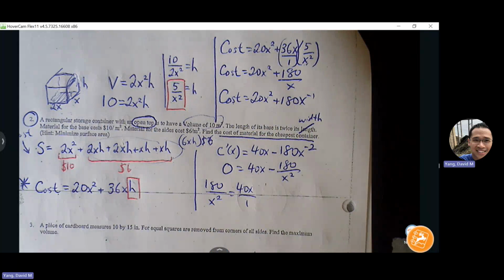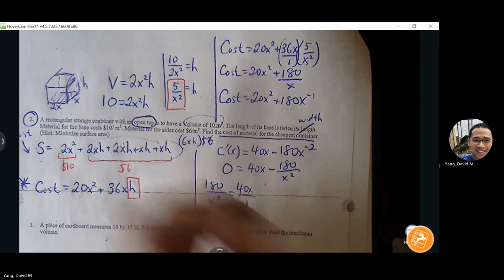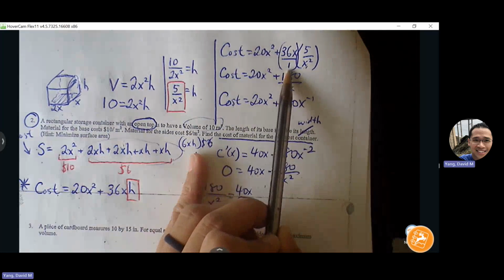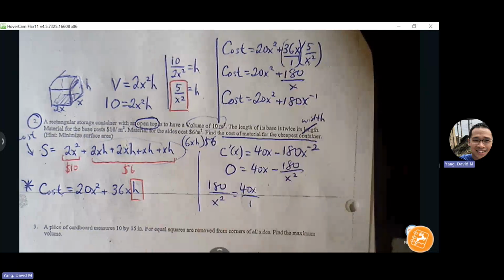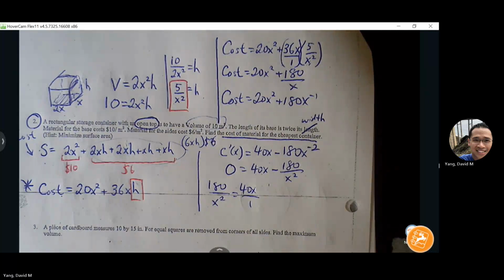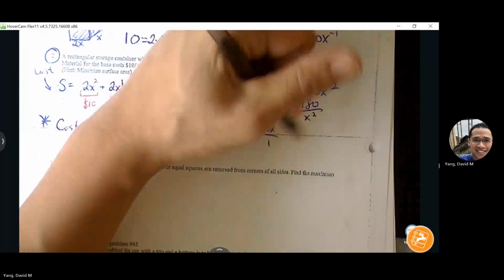When we distribute, we never distribute to the numerator and denominator. You only do that with exponents. If it's a coefficient in front, just the numerator. So if you can put a 1 down there, it reminds you that it's the 1 that goes with x squared, not 36x. Okay, cross multiply.